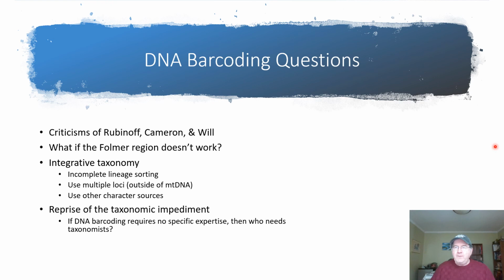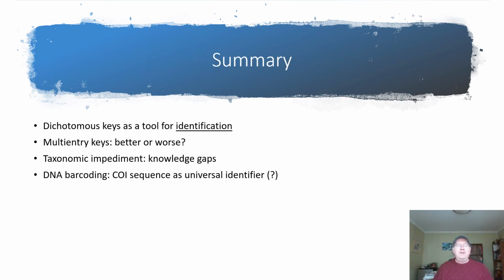If I can find my way to there we go. So, in summary, dichotomous keys are a standard tool for identification, and identification is what you really want in the end, and everything else, even my pedagogical needs, should be considered to be secondary.